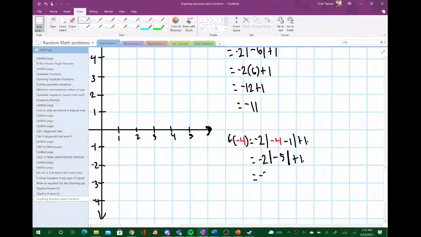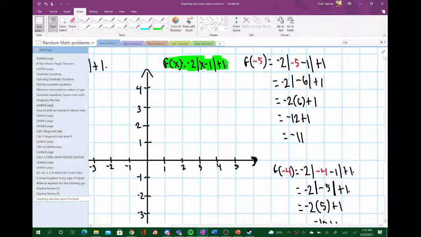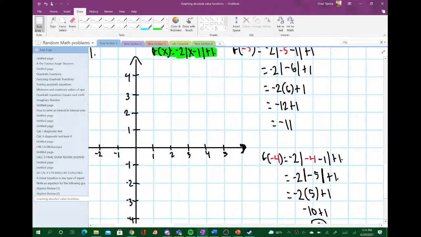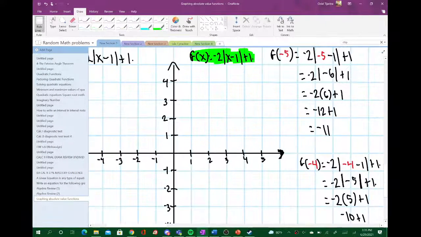So then I have -2, and then what is the absolute value of -5? That's just going to be 5, and then plus 1, which is going to be -10, plus 1, which is -9. I'm going over this really slowly for those that are not good at these, so bear with me.